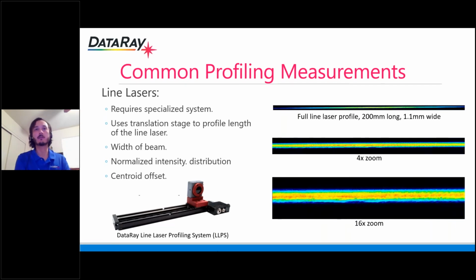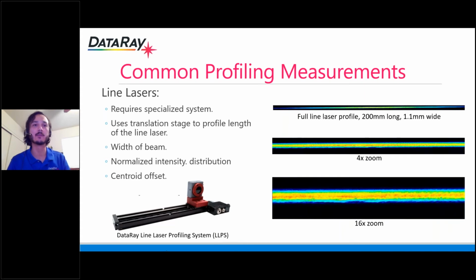So what if your beam isn't even a spot? What if you have a line laser, for example? You can absolutely profile these types of lasers, but we have to incorporate a specialized system. On the bottom left, you see our line laser profiling system, which is one specialized system you could use for this. It's similar to what you saw in the divergence and m-squared measurements, except here you don't need a lens or anything, and you're essentially just rotating the camera in the translation stage.